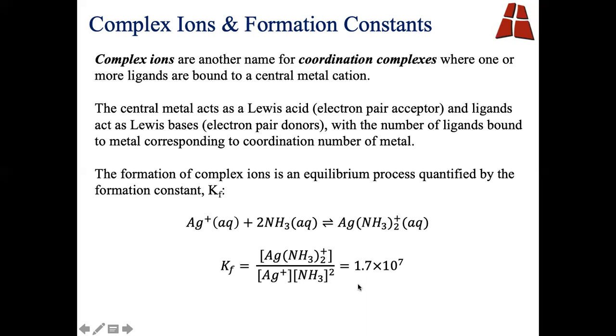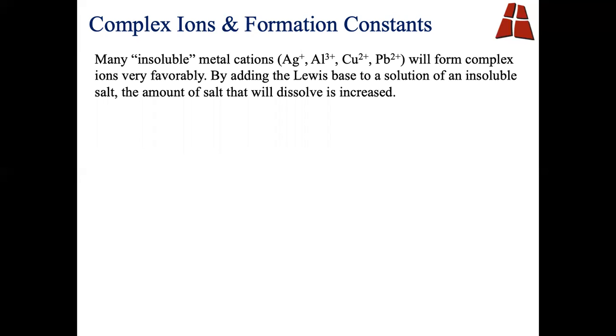What's typical with formation constants is they tend to be very large. We're used to having maybe 1.7 times 10 to the negative 7th, but in these examples, it's pretty much always going to be an exponent with a positive value, meaning that products are greatly favored. We can use this as chemists to our advantage.